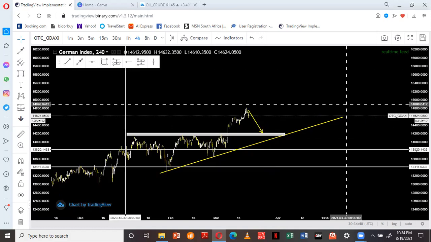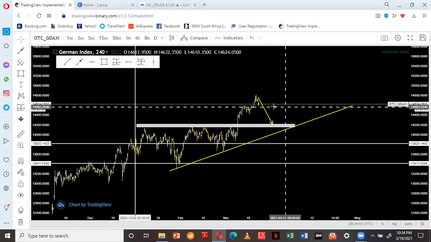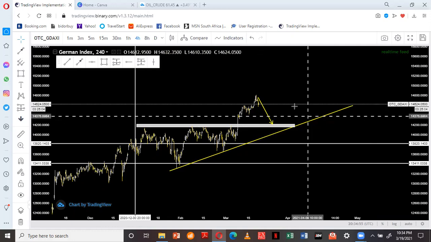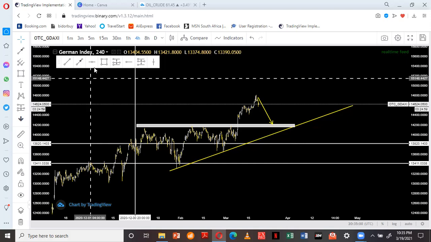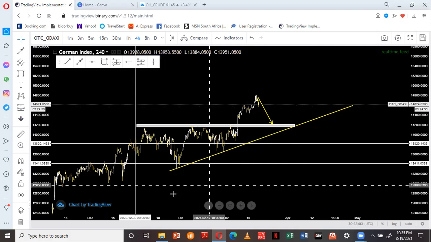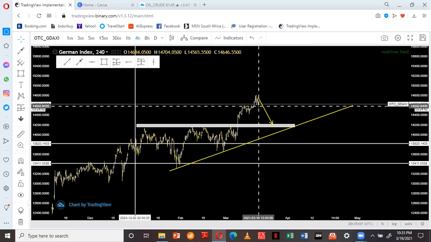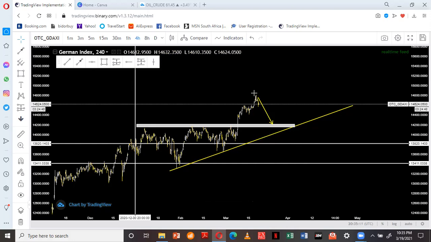For now, if you see the market like this, I wouldn't advise you to enter, because where will you put your stop loss if you enter here? Where will you put your stop loss? Nowhere. But then let's say you enter here, right?